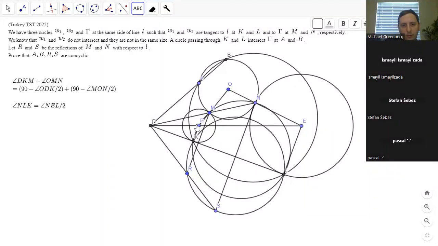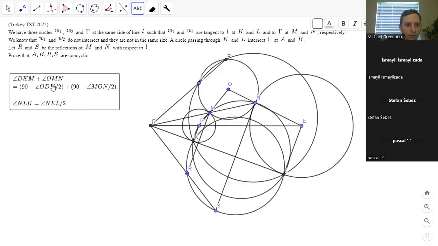So angle DKM is 90 minus... well, actually, I'll just leave it like this. But then we have ODK, MON, and NEL. Those add up to 360. So that implies that these two are equal. So actually, I'll write it like this.